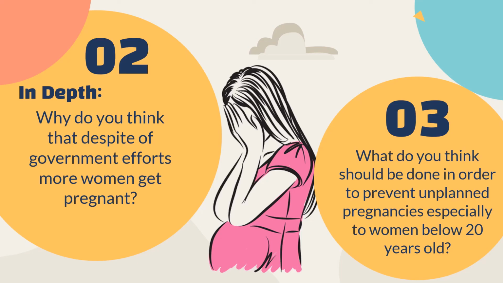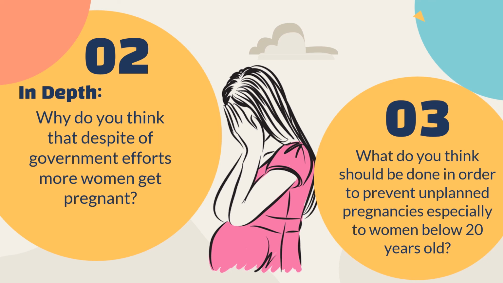In depth, let us think of this. Why do you think, despite government efforts, more women get pregnant? As we all know, we have different platforms and laws na meron na ang ating government to avoid unwanted pregnancy and early teenage pregnancies.